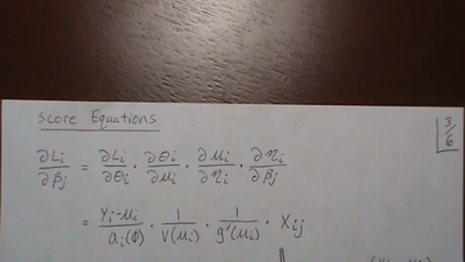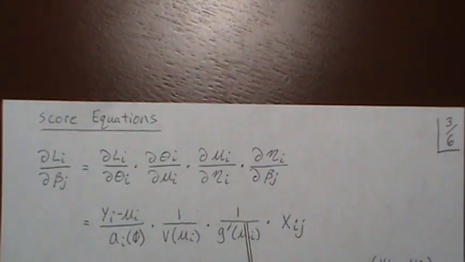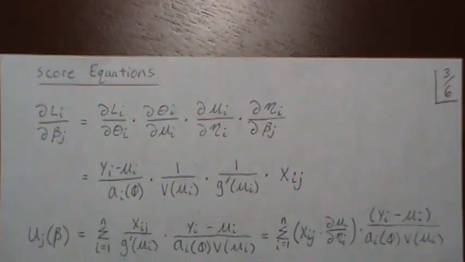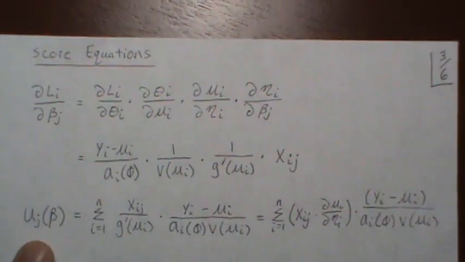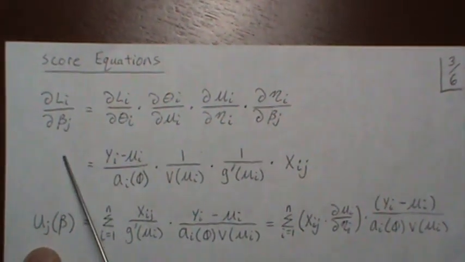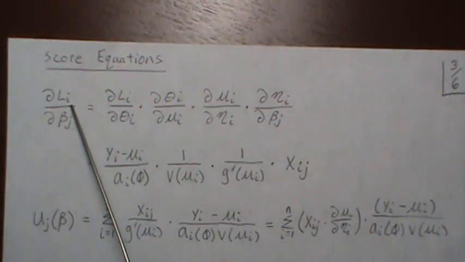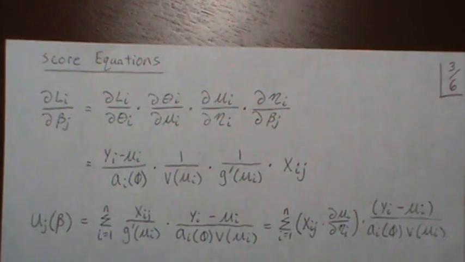Now, in many cases, this is written over this piece, and then these are written usually under this one. And so the score, now remember, this is just a partial with respect to one of those eta_i's, but we want it to be the sum.